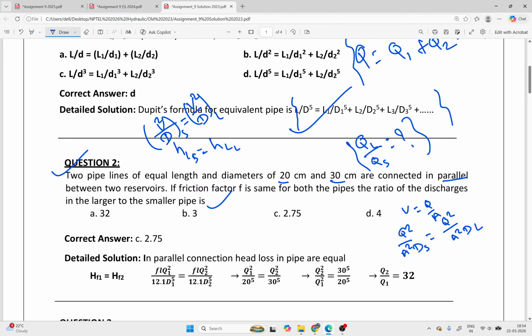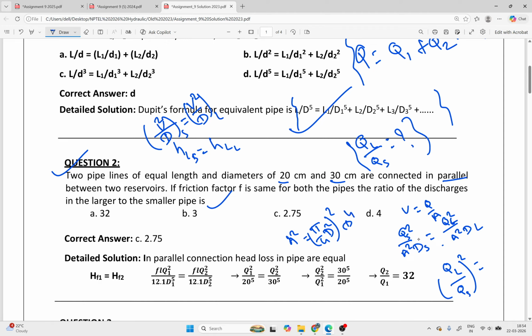In the question, this is your smaller and this is your bigger. The question asks large to smaller, so Q large divided by Q smaller, whole square, is equal to A square, which is pi by 4 d square whole squared, so that is d to the power 4, times d.